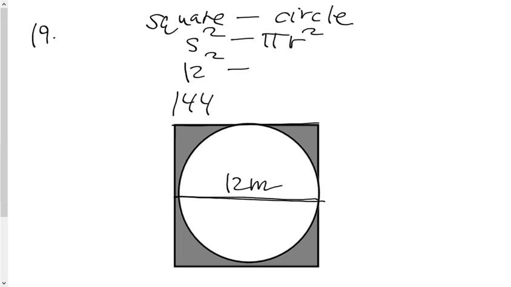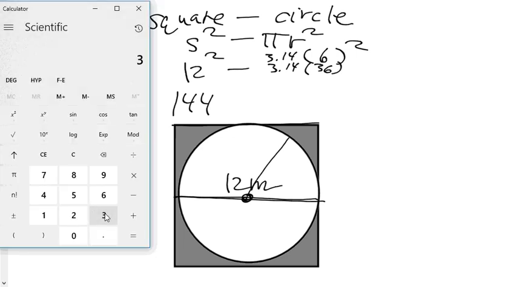Now 3.14 multiplied by the radius. If the diameter is 12, the radius is 6. So 6 squared, 36, multiplied by 3.14, which is too complicated for me. Do I have a pi button on here?